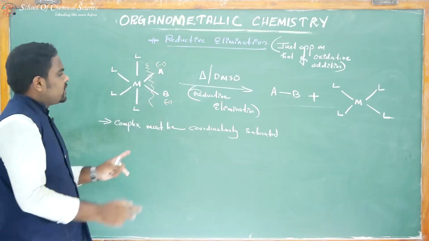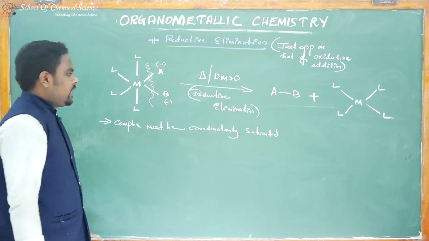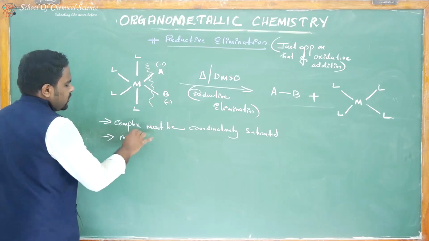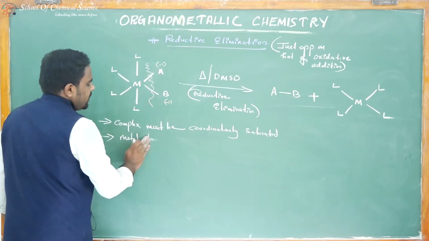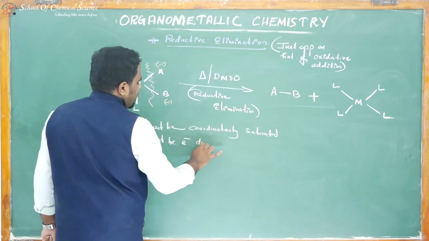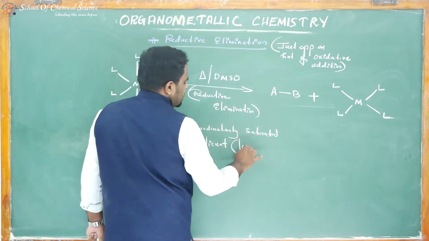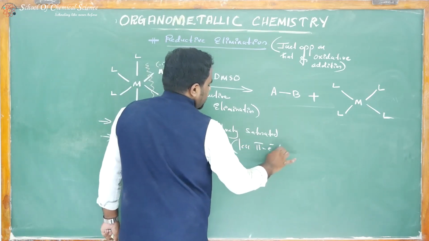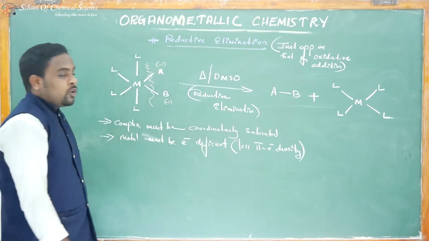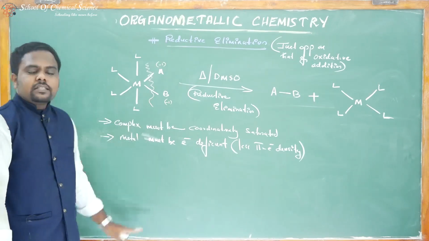Coordinatively saturated means, for example, if the coordination number is equal to 6, then it is coordinatively saturated. Second point, the metal must be electron deficient. That means less pi electron density. Your metal must be an electron deficient metal. Opposite to that of oxidative addition.